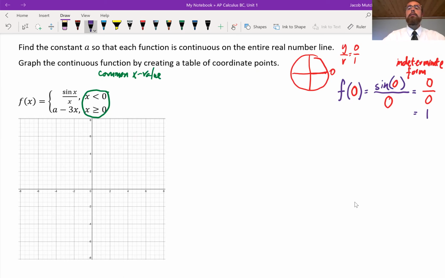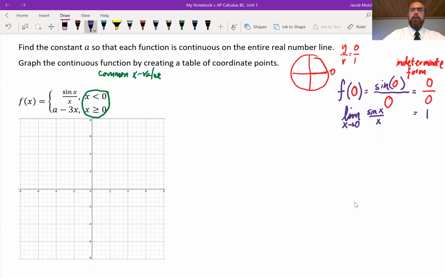The idea is that the limit as x approaches 0 of sine of x over x equals 1. I'm going to go ahead and write that because that is something that we use quite frequently as we calculate limits of trig functions. So that's a true statement, and we just kind of have to accept it.